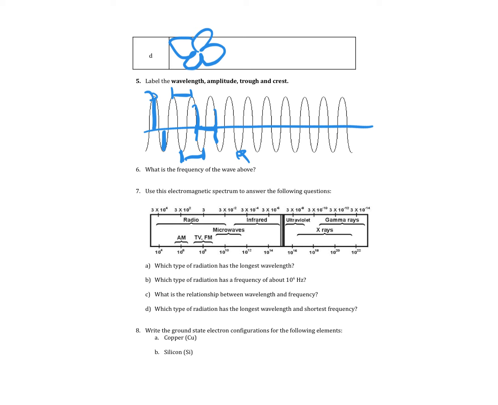What is the frequency above? So, pretend this thing is, say, 10 seconds, 0 to 10. Your frequency is the number of waves divided by time. So let's count. 1 up and 1 down, that's 1 wave. 2 waves. 3 waves. 4 waves. 5, 6, 7, 8, 9, 10. 10 and a half.